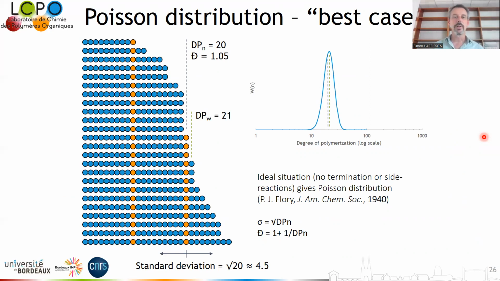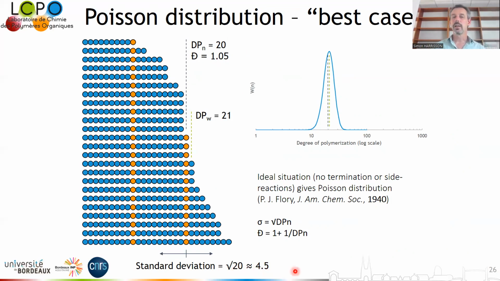Now, Poisson distributions are characterized by low dispersities. The dispersity is going to be equal to 1 plus 1 over the number average degree of polymerization. But although the dispersity is low, the standard deviation can still be relatively large. So in this case of a polymer with a degree of polymerization of 20, a dispersity of 1.05, the standard deviation is nearly 5.